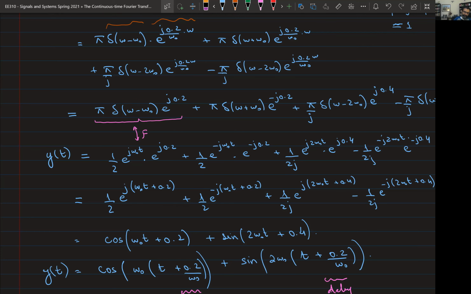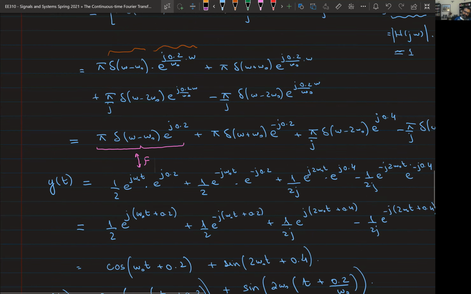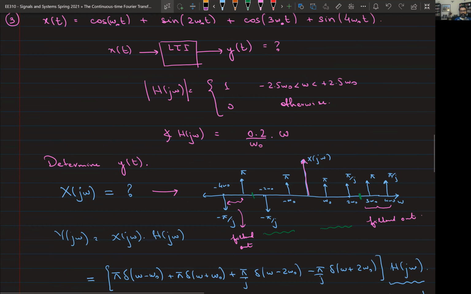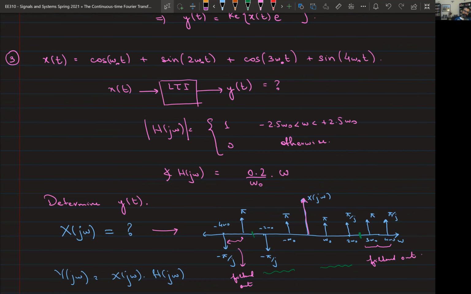Right? So now, having seen all these things in this way, I can for example build on top of it and ask you a question here: prove that if a cosine is an input to an LTI system of a certain frequency omega naught, the output is also a cosine of the same frequency, in which the phase has been modified and the amplitude has been modified. I can ask this question, right?